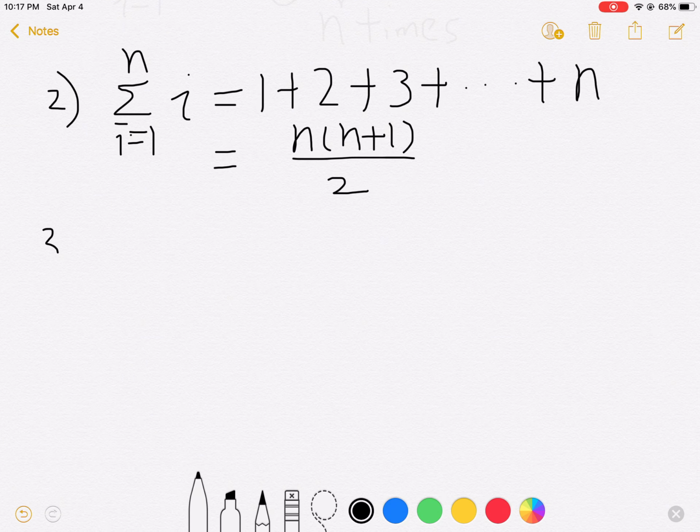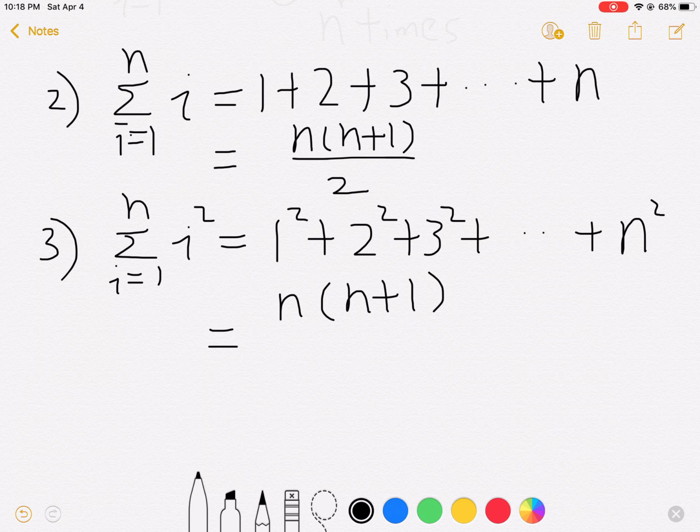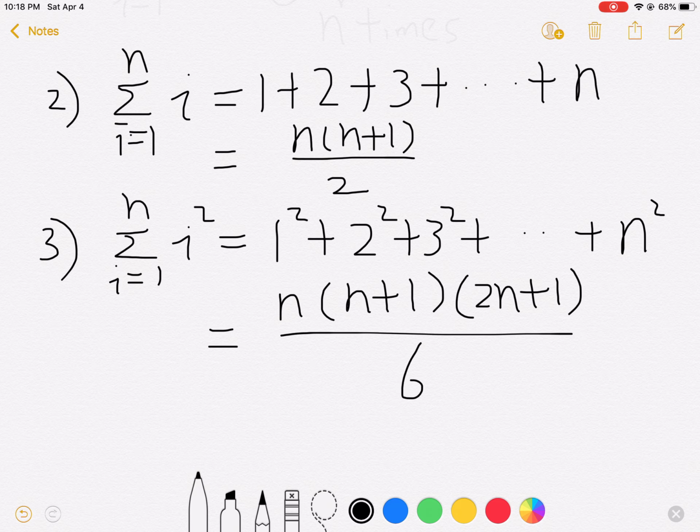The third formula is the summation i from 1 to n of i squared. So this would be 1 squared plus 2 squared, plus 3 squared, plus, i equals n, which is n squared. This one is equal to n times n plus 1 times 2n plus 1, over 6.